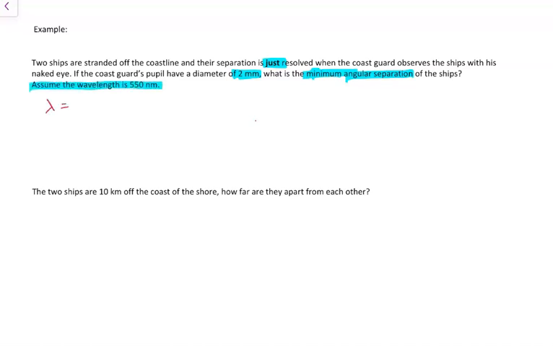So I know my wavelength is 550 nanometers, and I know that the diameter of the Coast Guard's pupil is 2 times 10 to the negative third meters. And that's it. So I use Rayleigh's criterion, because I know that because it's just resolved, the minimum angular separation means that the angle is equal to 1.22 times lambda over b, right?